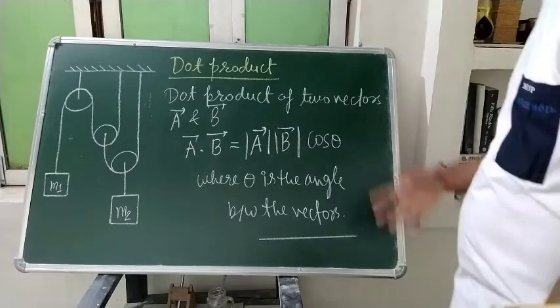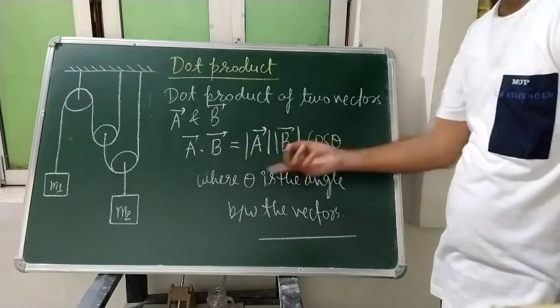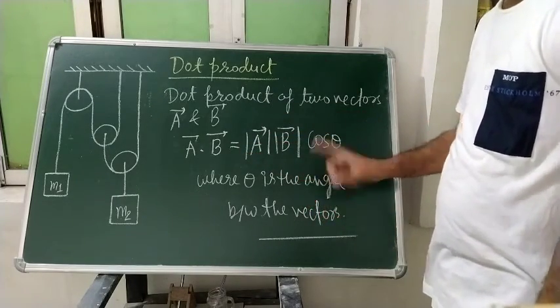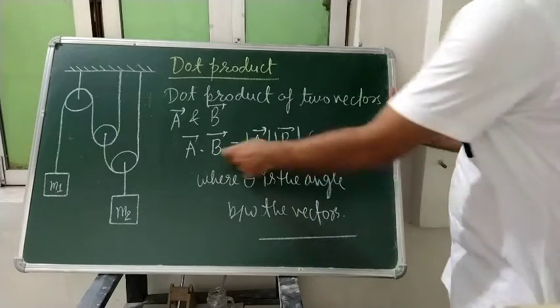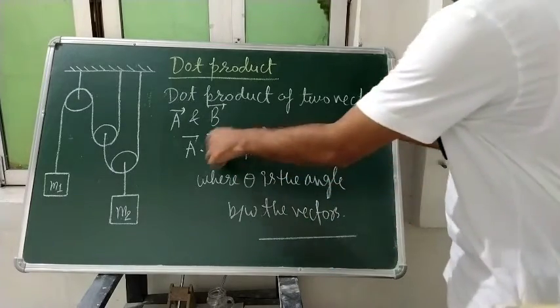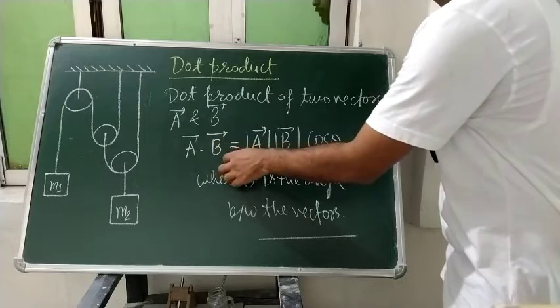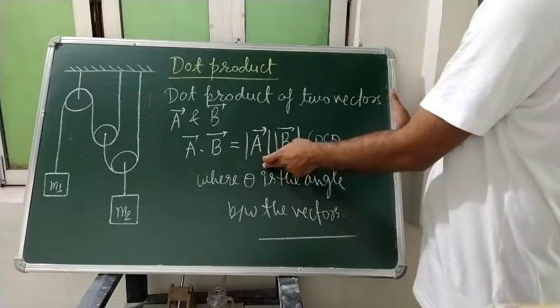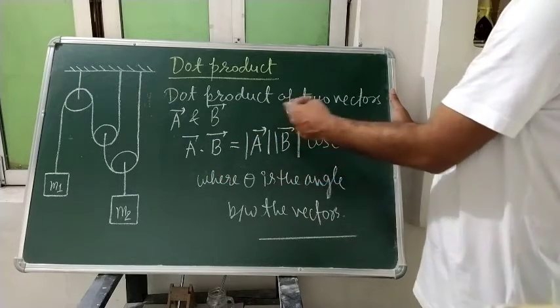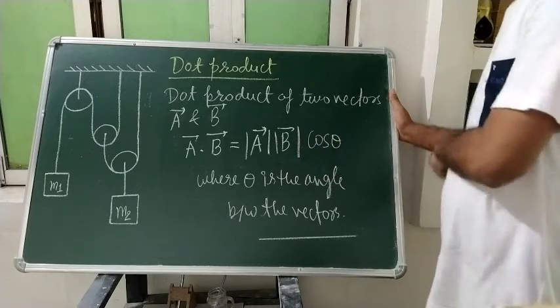Of course, students, I was talking about the cross product in the Atwood machine. The cross product of two vectors A and B is represented by A cross B, and that will be the magnitude of A times the magnitude of B times sin theta.